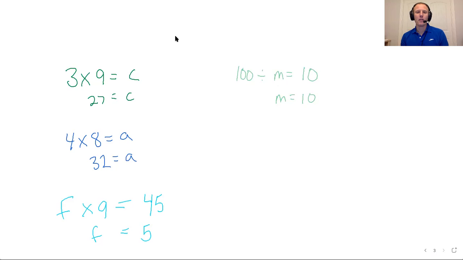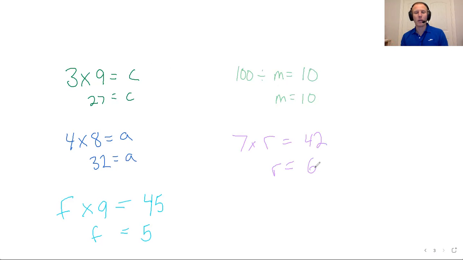And let's make up one more. 7 times r equals 42, r equals 6. So again, those letters are just representing the unknown in these situations.